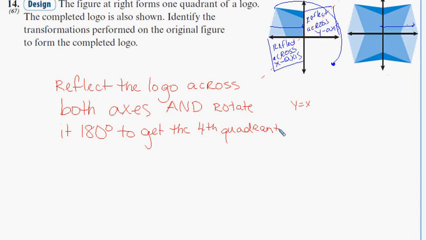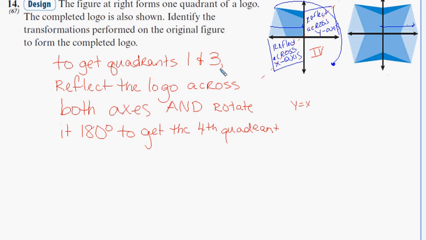That's what I mean here by the 4th quadrant, right? Okay. Actually, let me clarify that here. To get quadrants 1 and 3, reflect the logo across both axes and rotate it 180 degrees to get the 4th quadrant.